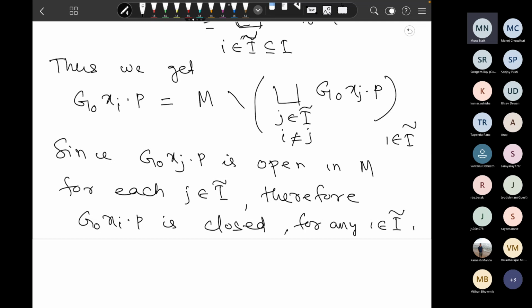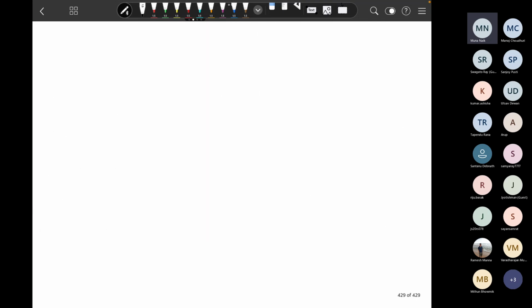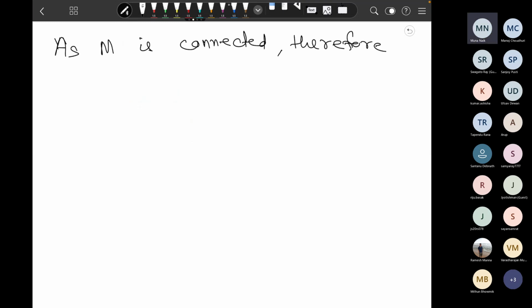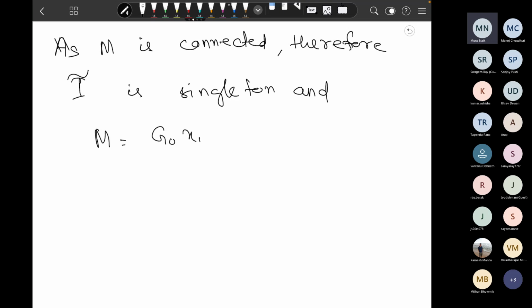So now, as M is connected, I tilde has to be a singleton, and M is equal to G naught xi dot p. Thus G naught acts transitively on M.